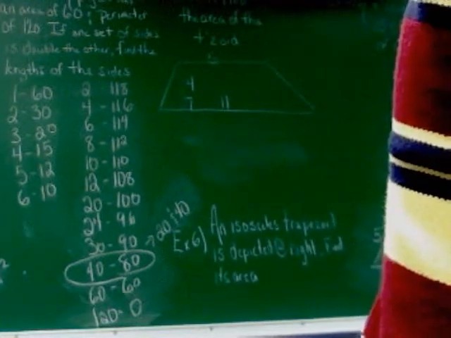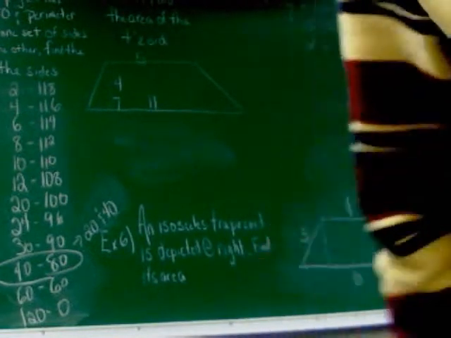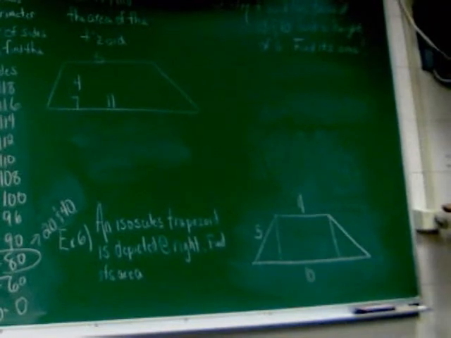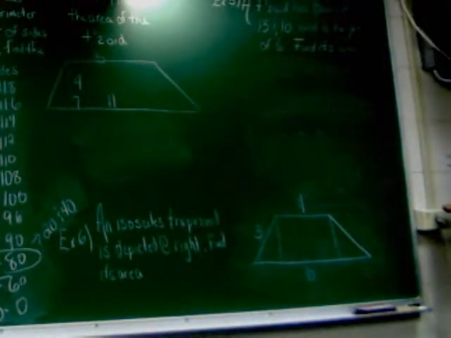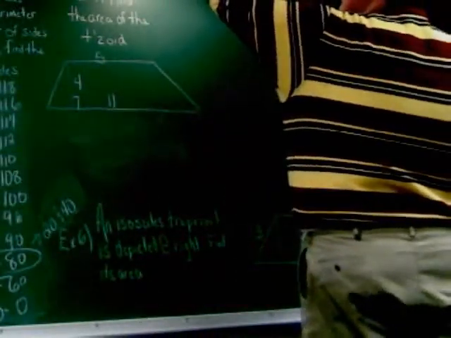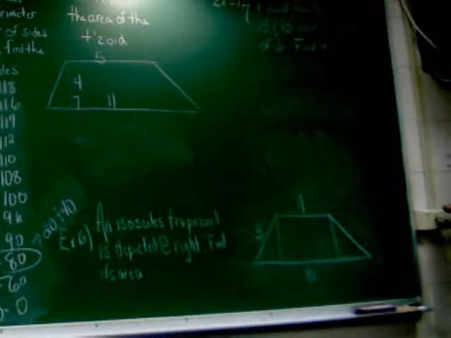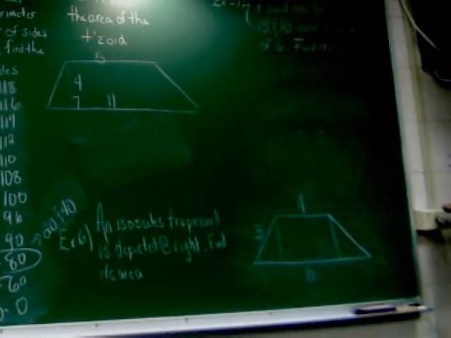Okay, let's go over to the trapezoid questions on the far right side of the board. All right, example 4 simply says to find the area of the trapezoid.